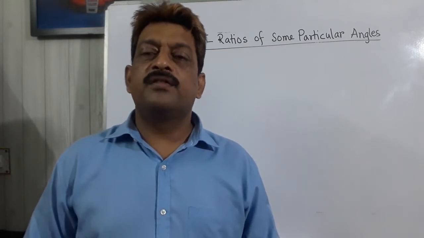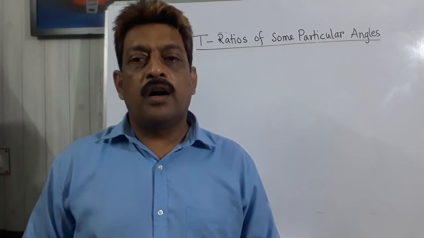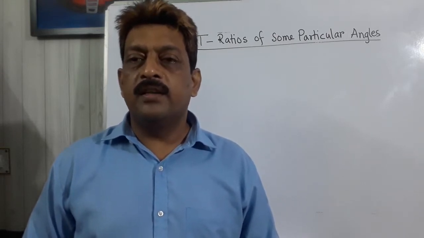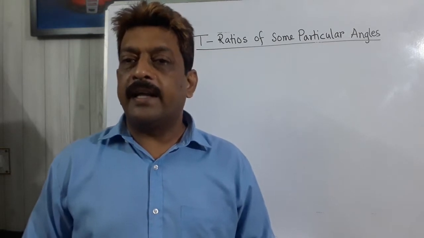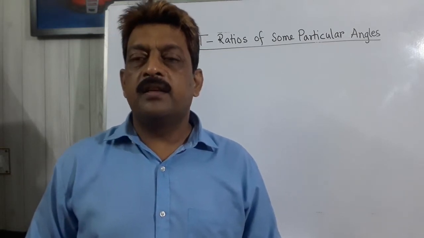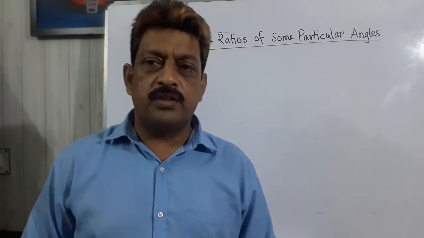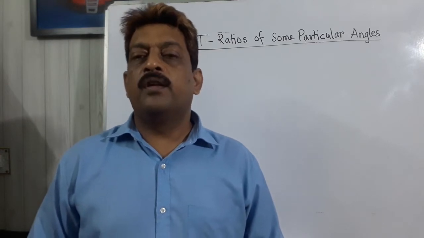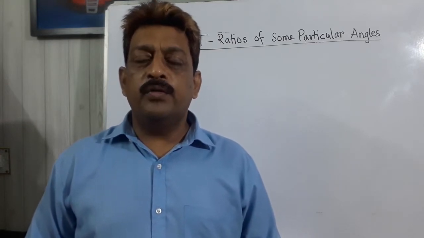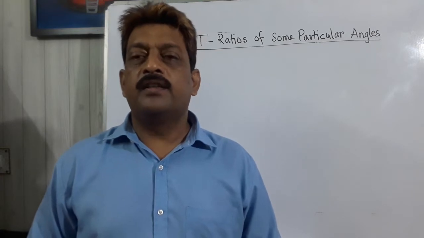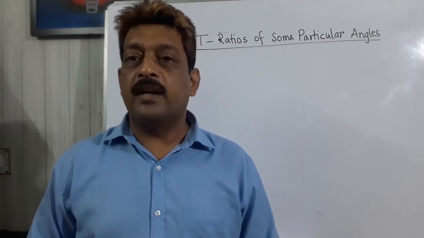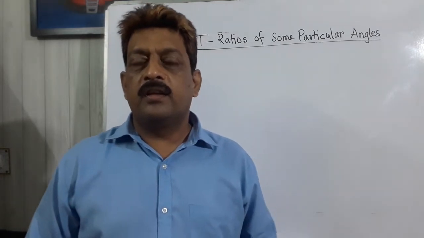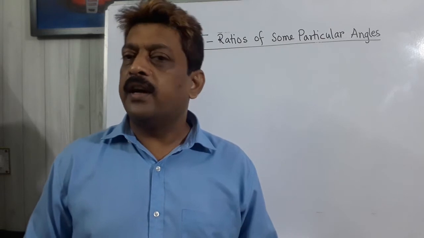In the previous class, I have shown you how to find the values of sin 30 degree, cos 30 degree and tan 30 degree, as well as sin 60 degree, cos 60 degree and tan 60 degrees geometrically. So here I am going to show you how to find the values of other standard angles like 0 degree, 45 degree and 90 degree for sin theta, cos theta and tan theta.